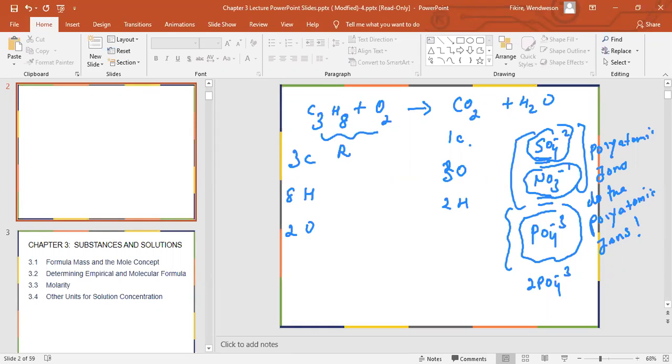In this case, you need the trial and error method. I have 3 atoms of carbon on one side and only 1 on the other. It's not balanced.